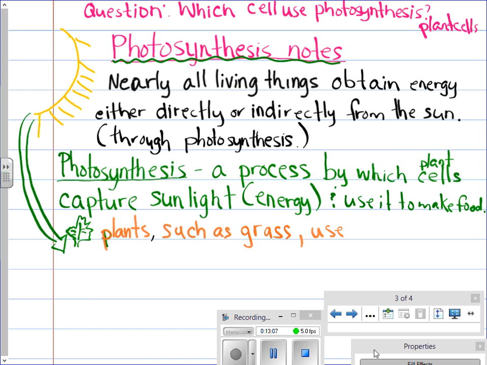It uses energy from the sun to do what? To make its own food.